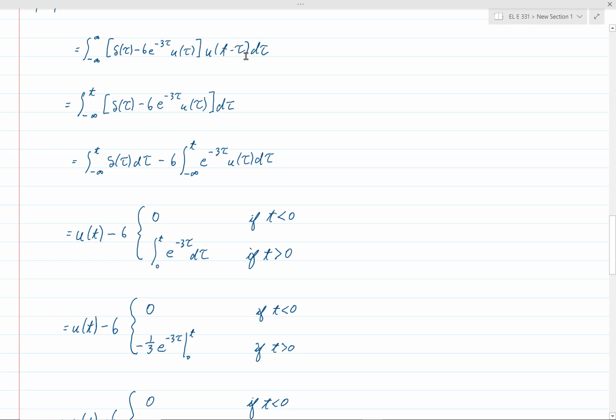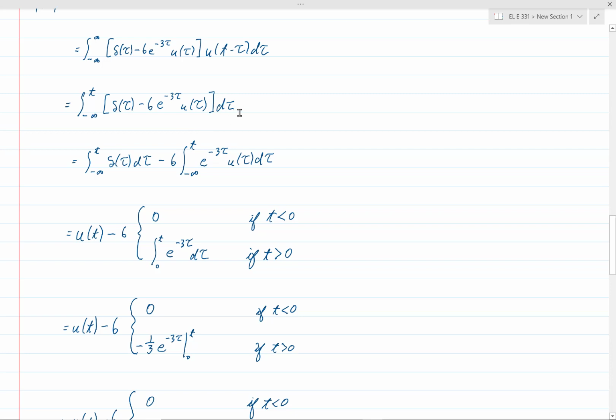As tau increases, it will eventually surpass t. And when tau does get bigger than t, then this argument will be negative, and u of a negative number is 0. So once tau gets bigger than t, we don't have any more contribution to the integral. So for the upper limit, we don't have to let tau go all the way to positive infinity. We can instead stop at tau equals t. Okay.